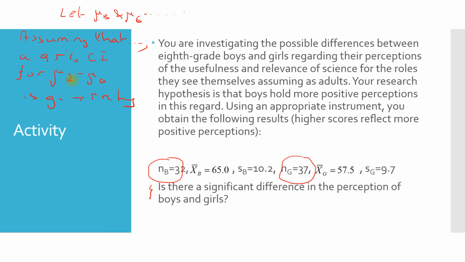So here what we do is that we want to estimate mu b minus mu g. Why do we want to estimate mu b minus mu g? To see if it is equal to 0 or not equal to 0. If it is equal to 0, there is no significant difference. If it is not equal to 0, there is a significant difference. So this is why I'm estimating mu b minus mu g.